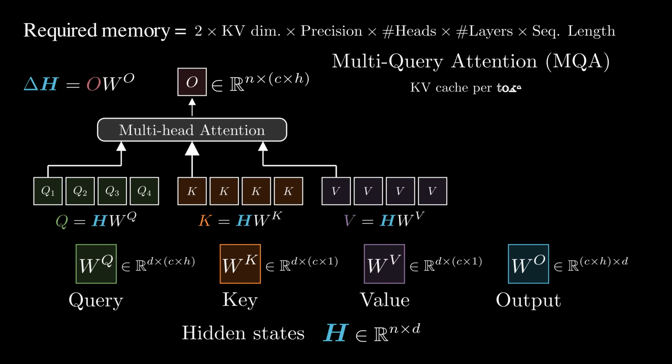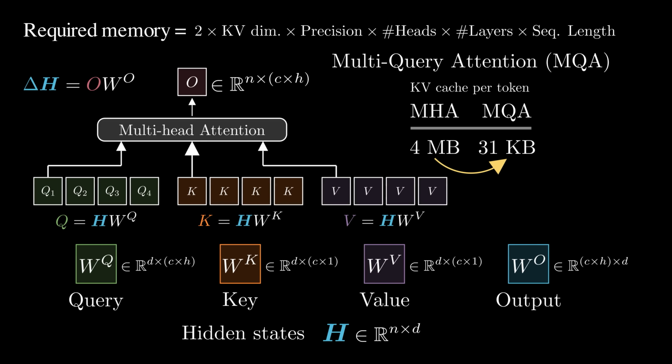Let's compare the memory requirements of MQA with the standard multi-head attention. Multi-head attention requires 4 megabytes of memory per token. In contrast, MQA requires only 31 kilobytes of memory per token. It's a 128-fold reduction in memory usage.